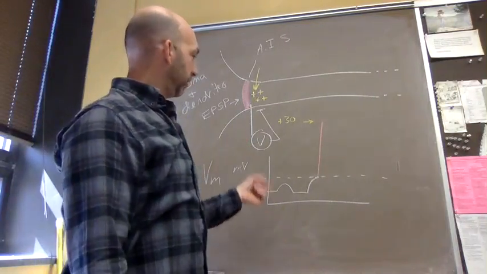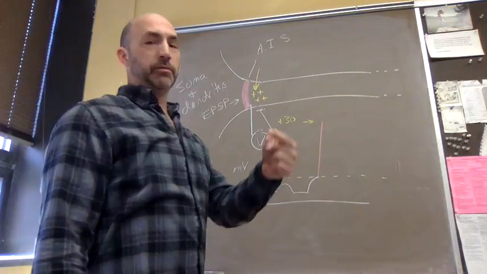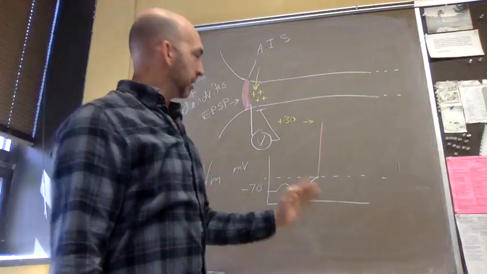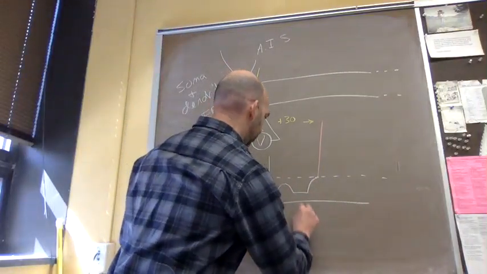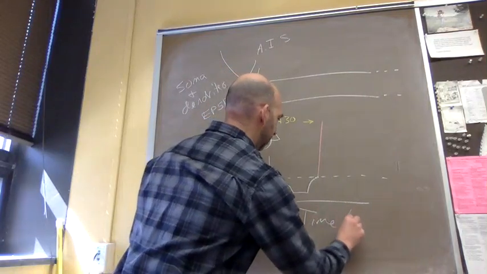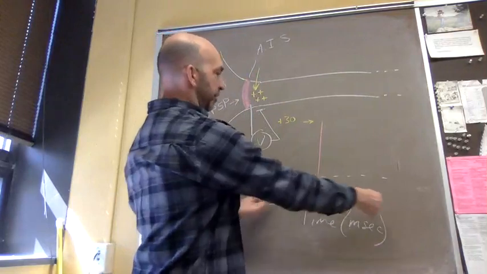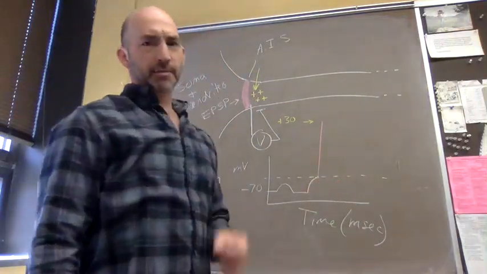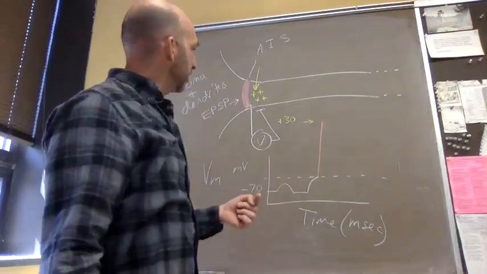Reaching threshold is the threshold of the sodium channel, but it's also threshold of the voltage-gated potassium channel. The potassium channel is just a little bit slower. And again, this is time down here, and it's in milliseconds. This whole thing would be multiple milliseconds, not very many, because an action potential only lasts about 1 millisecond, 1/1000th of a second, so they're very fast.